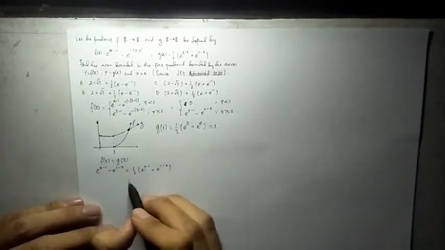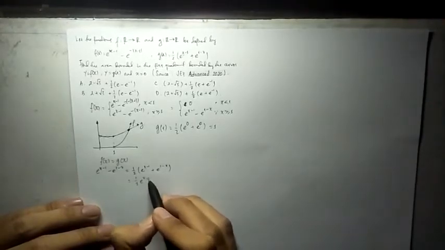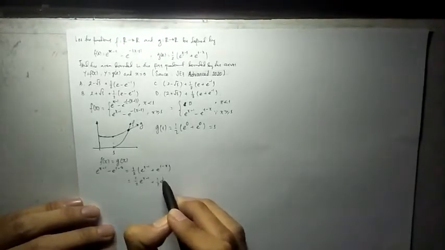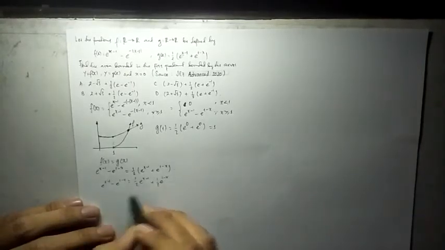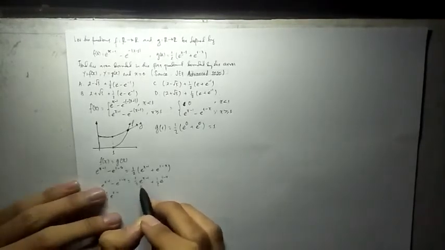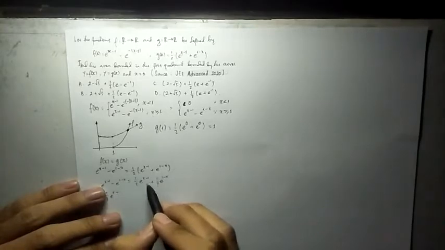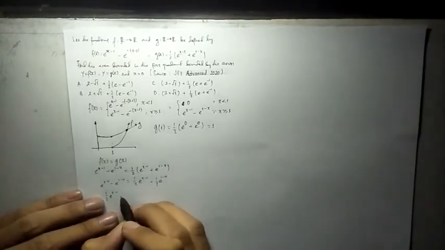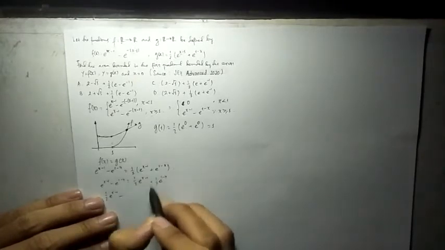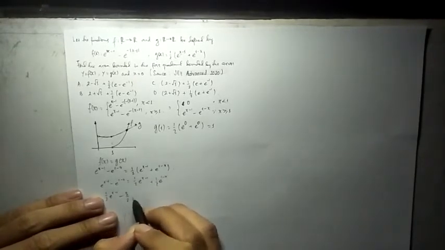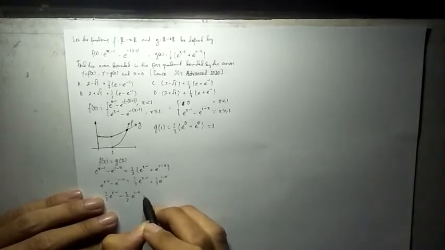Now that simplifies to 1/2 e to the x minus 1, and this one, minus the 1/2 e to the x minus 1 on both sides. So you got this one on the left side and minus this one, so you got this on the left side.